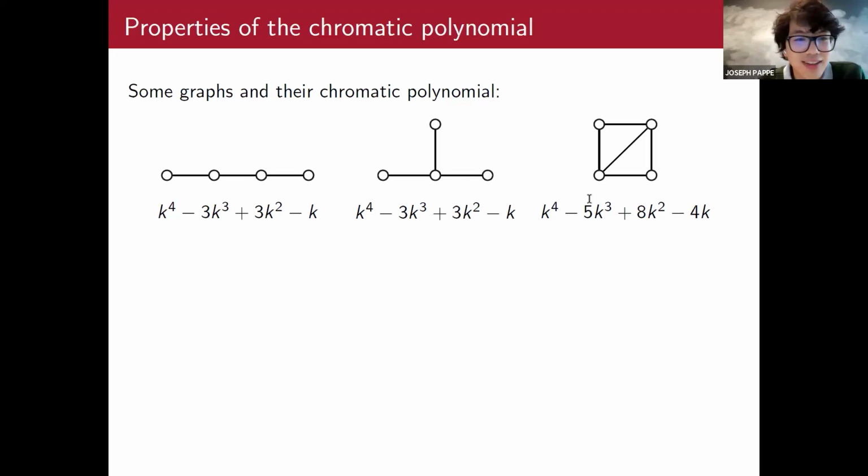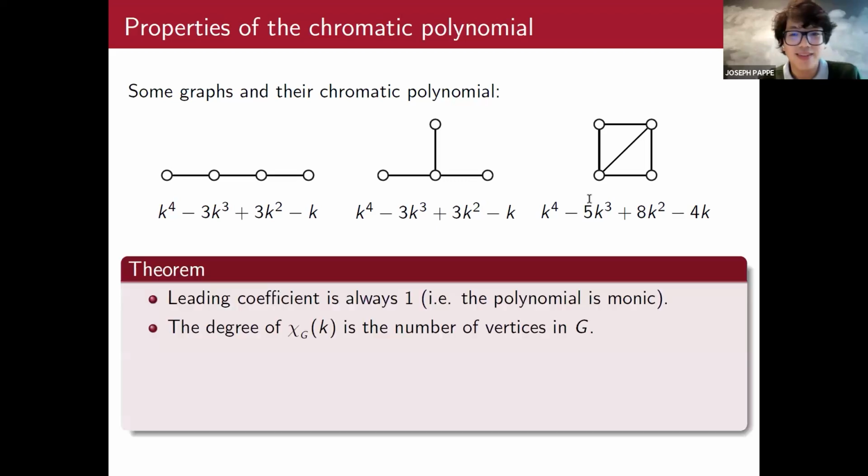Perfect. Yeah, so we see that the leading coefficient is always 1, and as you pointed out, the degree is always the number of vertices in our graph. And the coefficients, the first two that don't have triangles are symmetric: 1, 3, 3, 1.